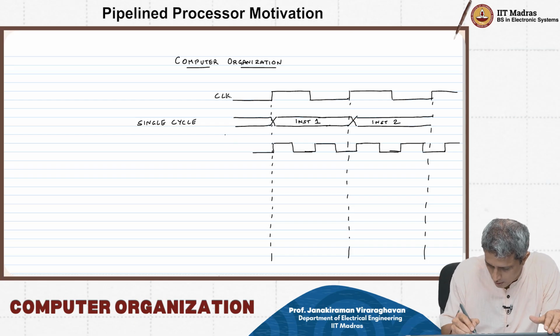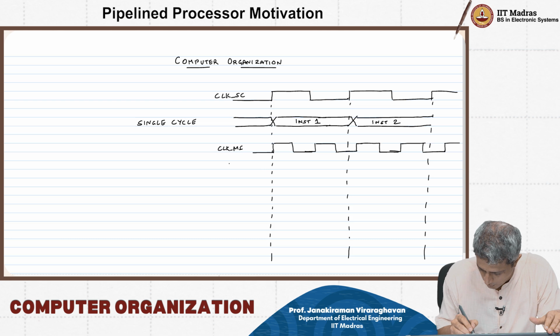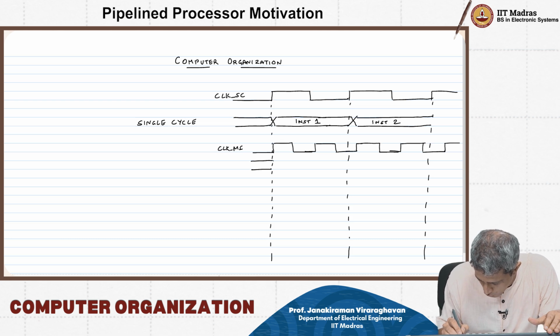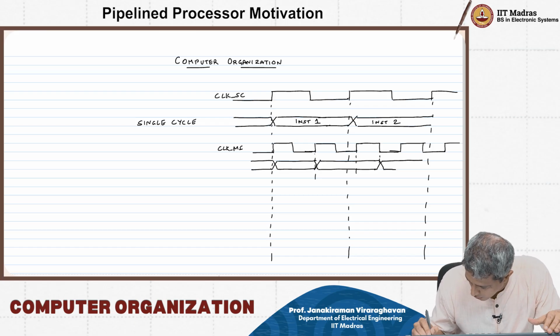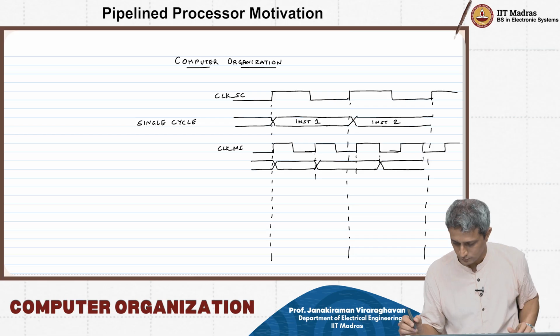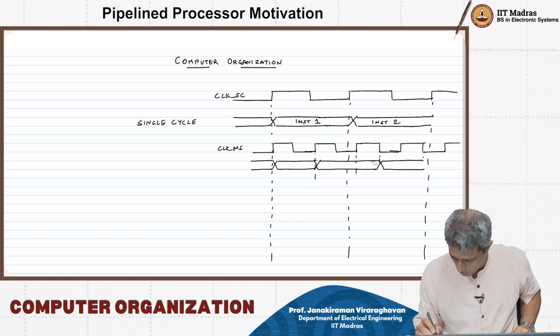In multi-cycle, some instructions could just take one clock cycle, and the next instruction, because it is a different type of instruction, could take 2 clock cycles.